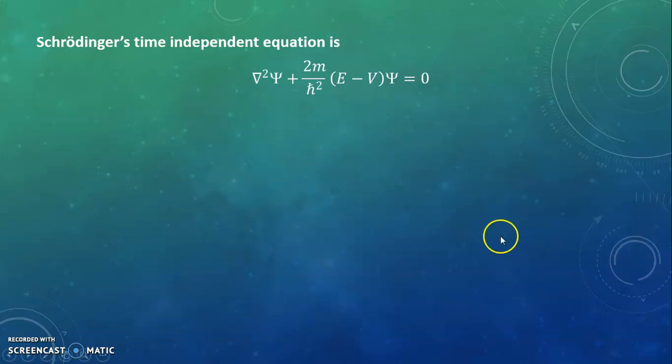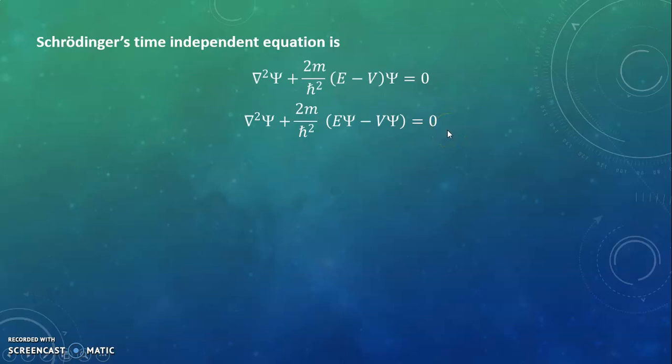In this equation, inside the bracket there is E minus V into ψ. If we multiply this ψ inside the bracket, it becomes Eψ minus Vψ. So this equation becomes del squared ψ plus 2m upon ħ squared into (Eψ minus Vψ), which is equal to 0.